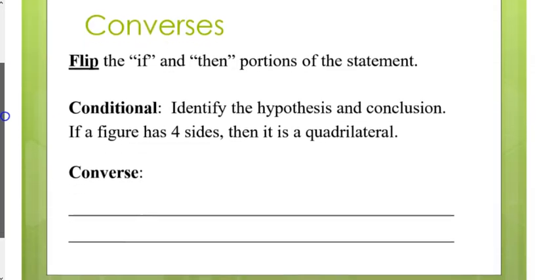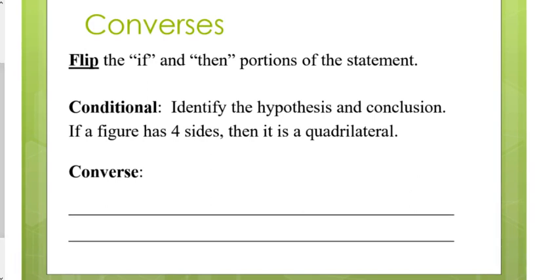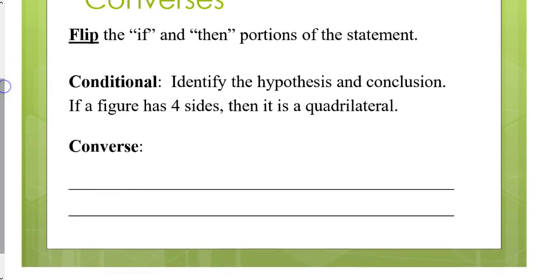Converse. The converse is when you flip the if and the then. So the conditional. First, we're going to identify the hypothesis and conclusion. If a figure has 4 sides, we just said that. Then it's a quadrilateral. The converse is we just flipped it.